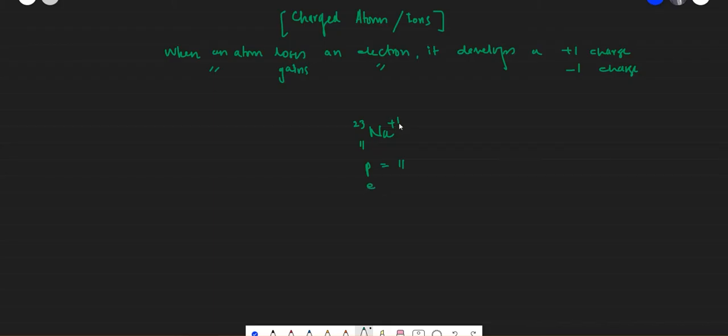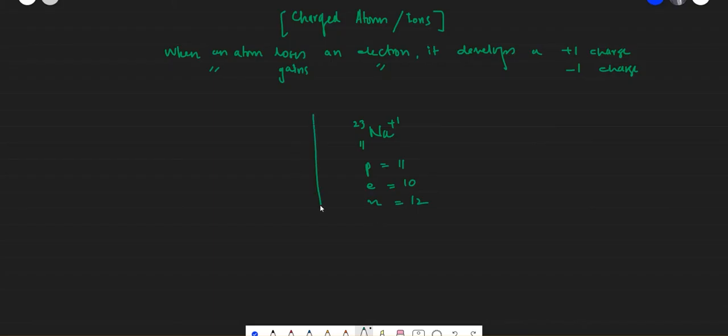If it was neutral, protons would be equal to electrons. But in this case, sodium has +1 charge, which means it has lost an electron. Do not do 11 plus 1 and write 12. +1 means 1 electron is lost. You have to subtract it from 11, which will be 10 electrons. And how many neutrons? 12.